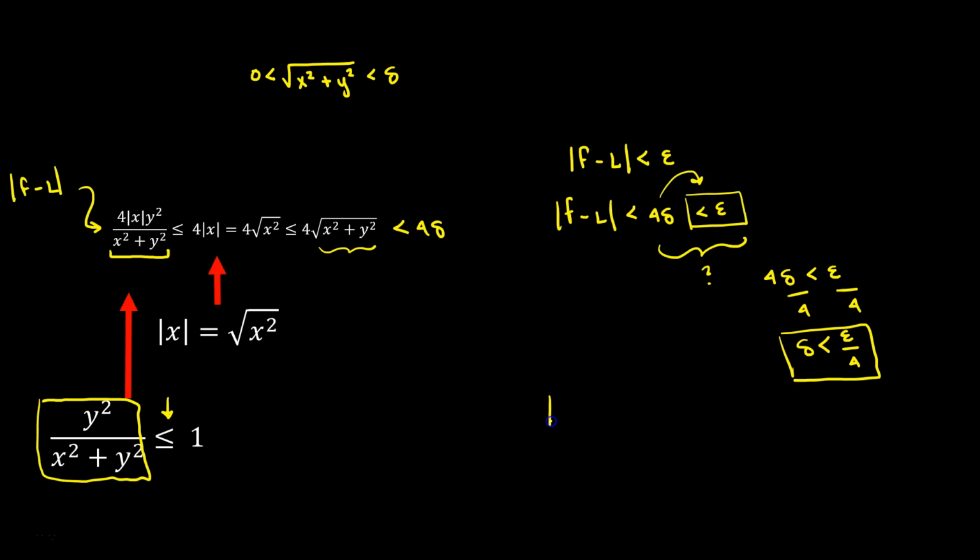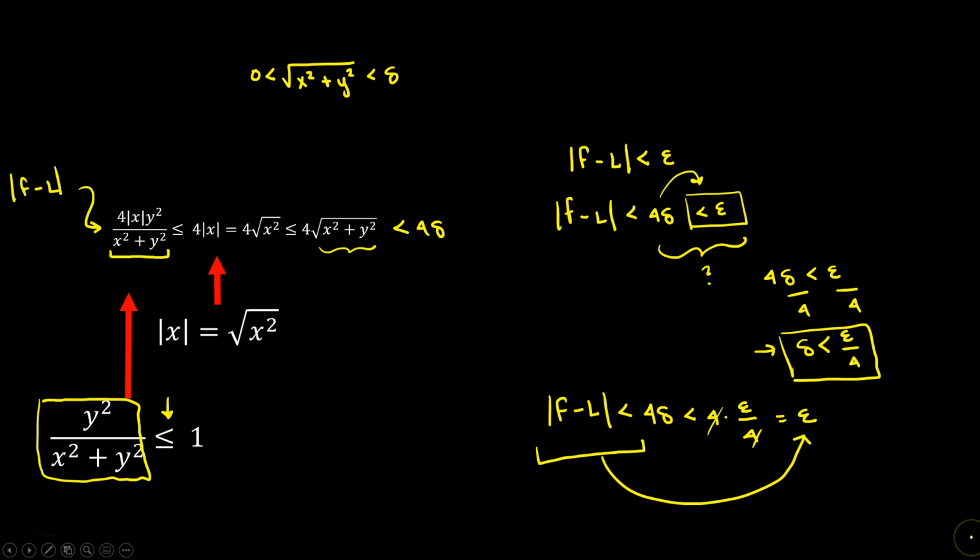If we have the absolute value of f minus L is less than 4 delta, but I tell you that we want delta to be less than epsilon over 4, then my 4's divide off, and I'm left with just epsilon. So we get exactly what we wanted. The absolute value of f minus L is less than epsilon.